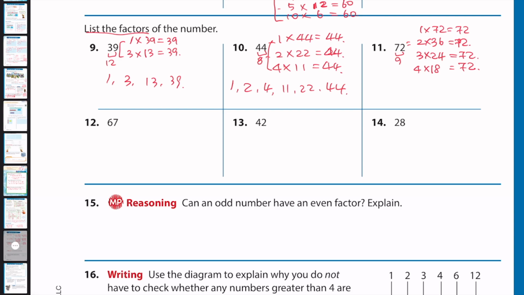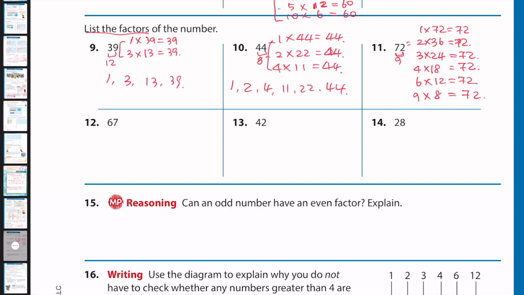Yes, divisibility rule. Remember, divisible by 3, and it's an even number. So 6 can fit into 72 by 12, and 6 times 12 is 72. You see that? What about 9? Yes, when you add these 2 digits together, that's 9, so this is divisible by 9. Yes, 9 times 8 is 72.